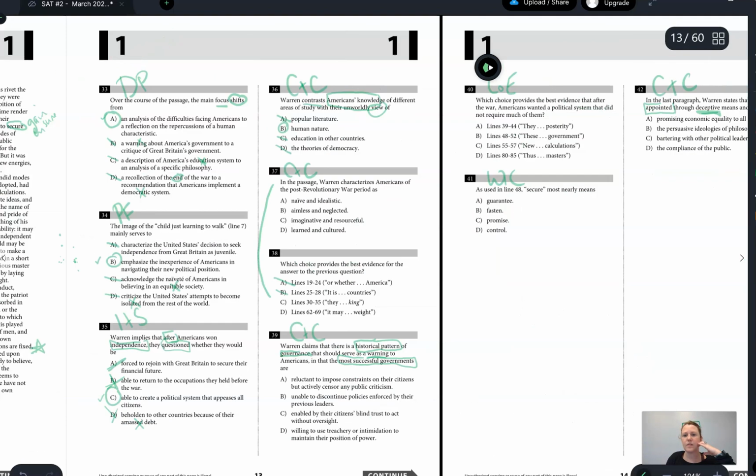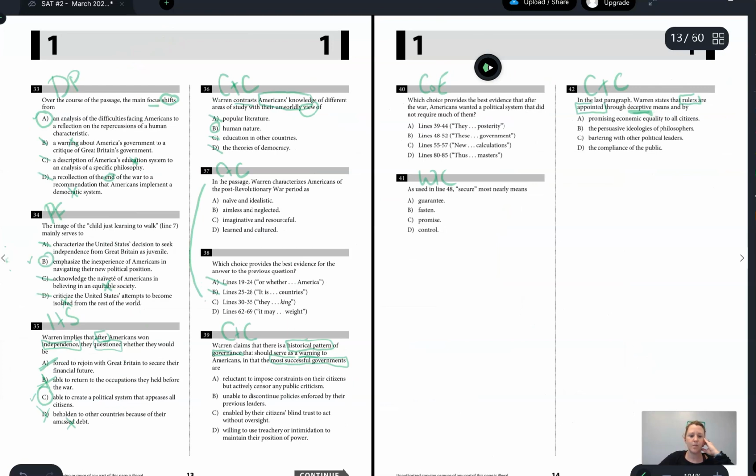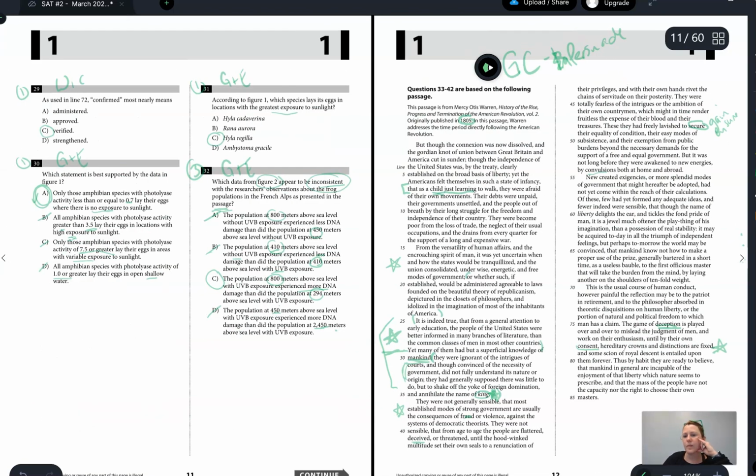Let's see what D says. Line 62 through 69. Then a possession of real stability.